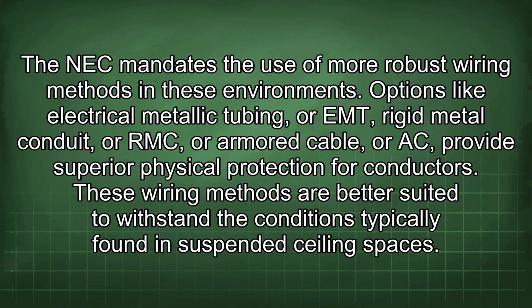The NEC mandates the use of more robust wiring methods in these environments. Options like electrical metallic tubing, or EMT, rigid metal conduit, or RMC, or armored cable, or AC, provide superior physical protection for conductors. These wiring methods are better suited to withstand the conditions typically found in suspended ceiling spaces.